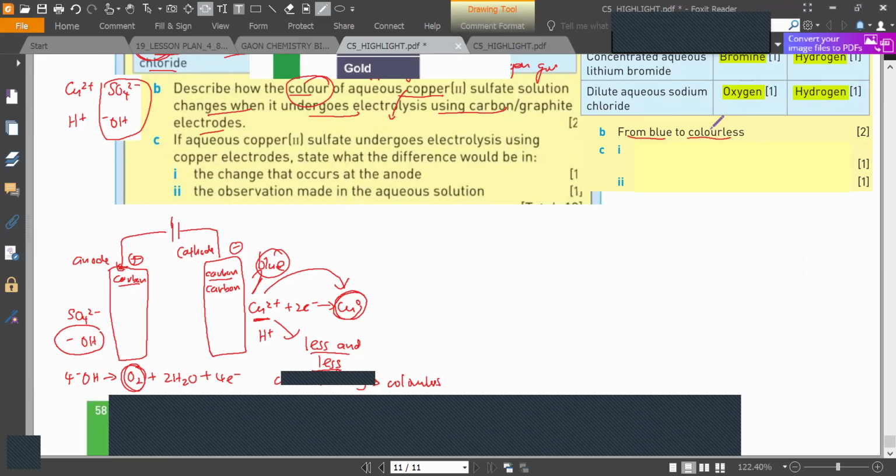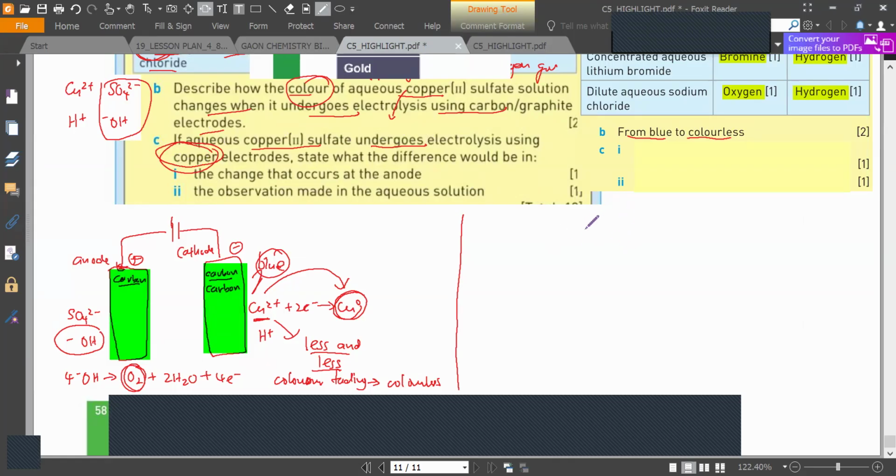Now if we have exactly the same setup, the only thing we are changing is using a copper electrode instead of carbon.